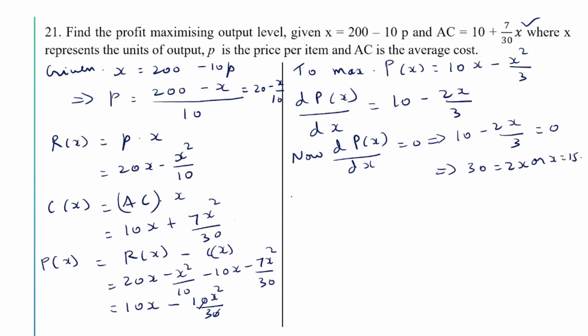Now we will see d square P by dx square. So let us differentiate this again. So it is equal to minus 2 by 3, which is less than 0 at x is equal to 15. Which means x is equal to 15 is a point of local maxima.